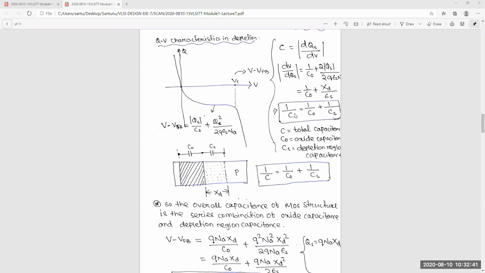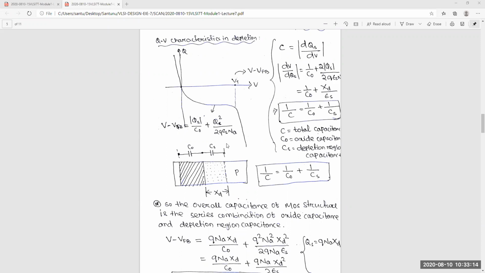So finally 1 by C is equal to 1 by C0 plus 1 by Cs, where Cs is nothing but this part. So the overall capacitance is this capacitance and another capacitance Cs in series. When two capacitors are in series, the overall capacitance will be less or more?